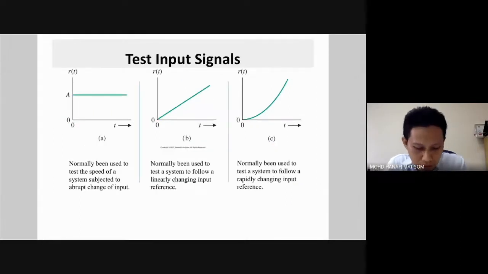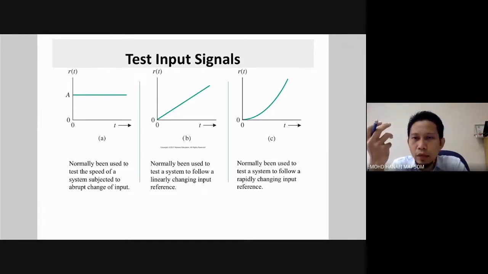The step input is normally used to test the speed of a system that is subjected to an abrupt change of input. We have a system G(s), and we want to see what will happen when we give a step input. This is how we see the response.